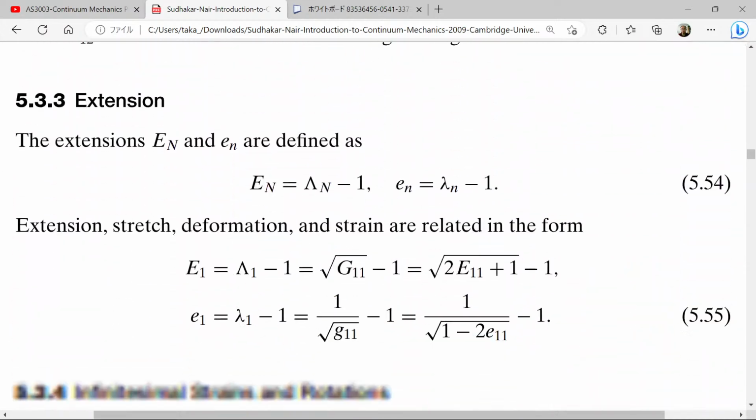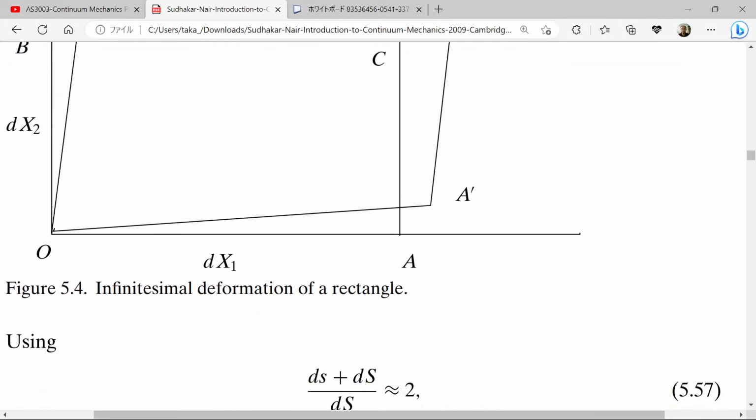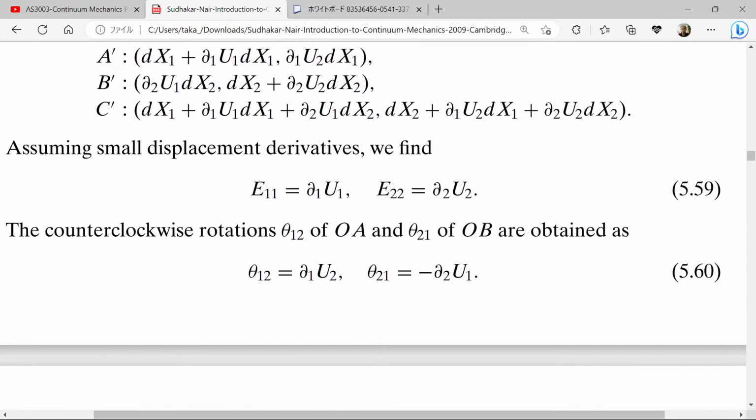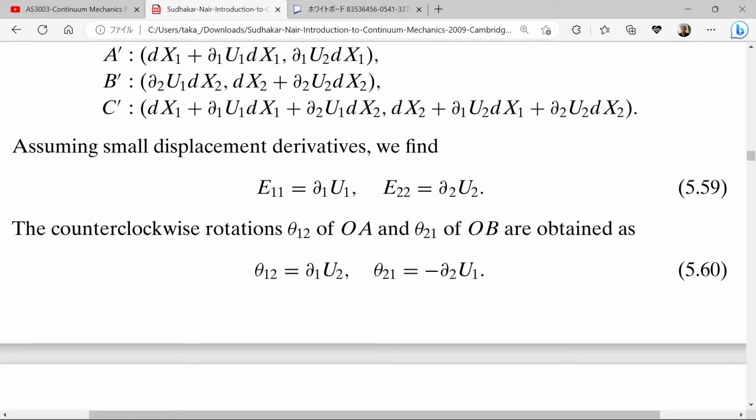Let me see, 559. Assuming small displacement derivatives, we find small displacement derivatives. Interesting word.